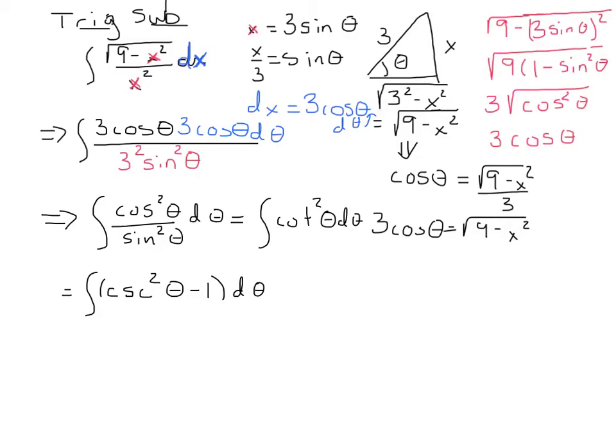This, I do know: the antiderivative of cosecant squared is negative cotangent. And the integral of 1 with respect to theta, careful here, our integral is with respect to theta that we're looking at right now. So that's a theta, so minus theta.